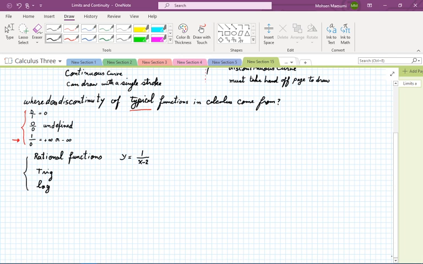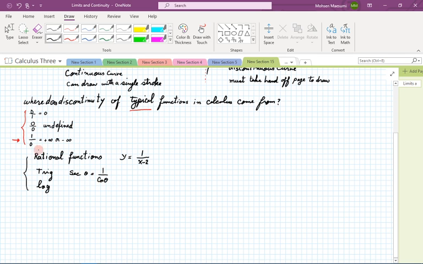The issue comes up in trigonometry as well. Perhaps we are not going to see many examples of that here, but just to remind you, we have functions like secant of theta, which is the same as 1 over cosine of theta. And of course, when theta is an odd multiple of pi over 2, the cosine becomes 0.